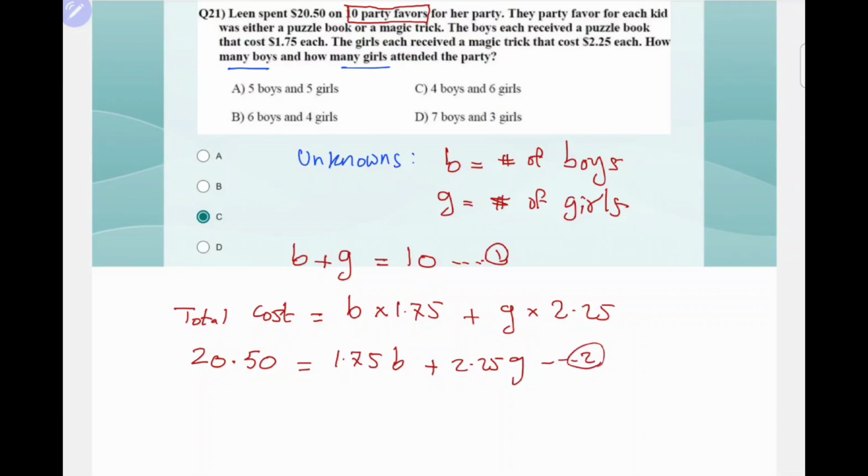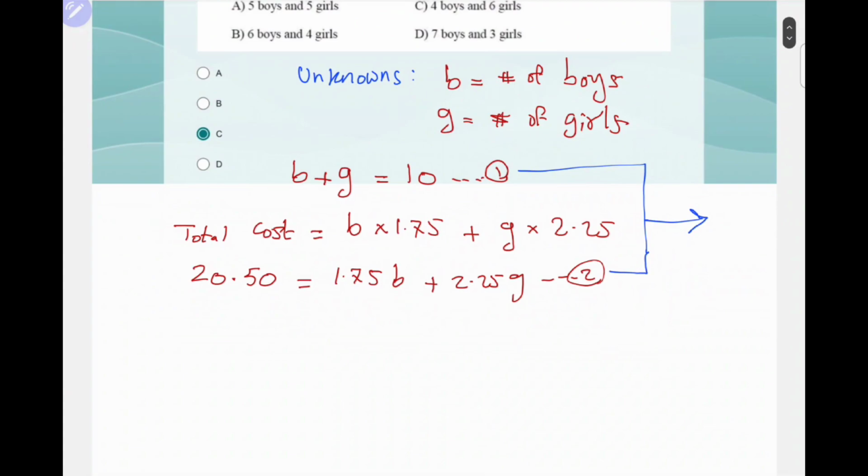So we have two equations and we have two unknowns, so we can easily solve this simultaneous equation. What we can do is multiply equation 1 by 2.25 so that we can get rid of the unknown G. So what will happen?